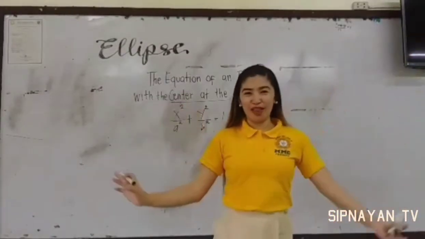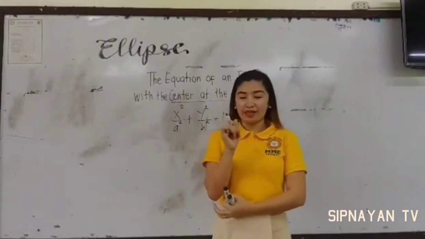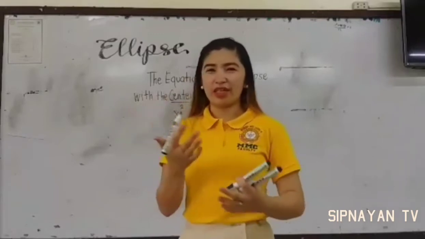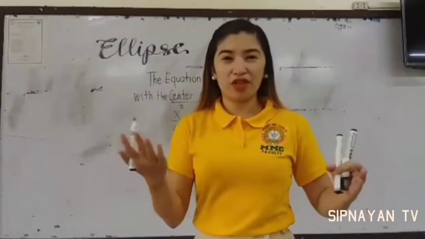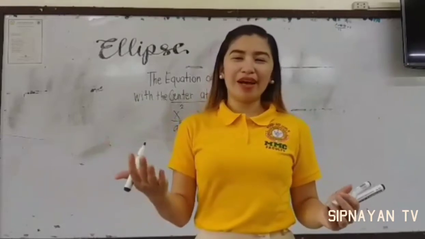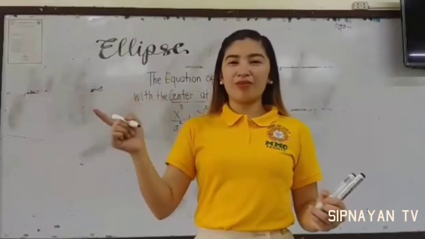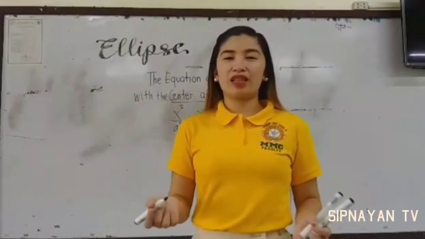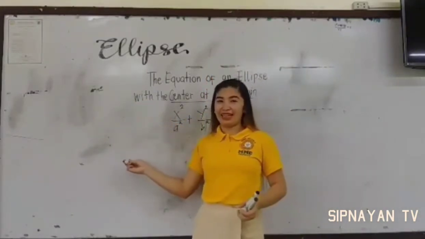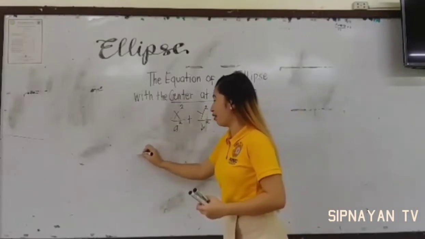From that table, we will use it if the given in our problem is not an equation, and all that is given is the foci and vertices. So from that given foci and vertices, that table will help us to identify or to show the equation of an ellipse.